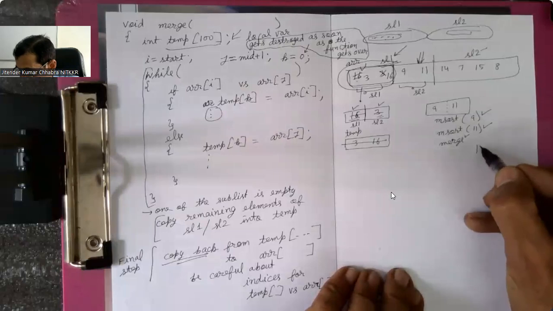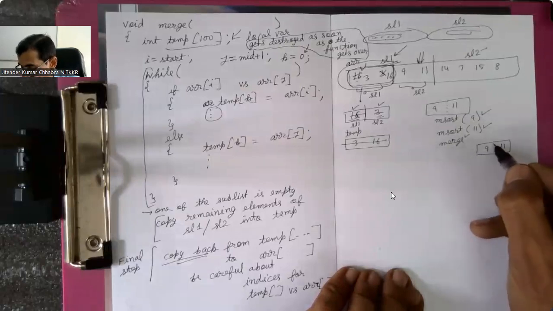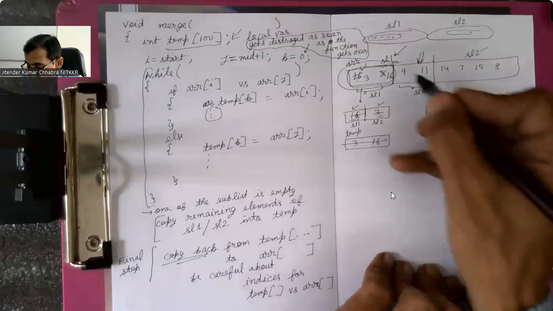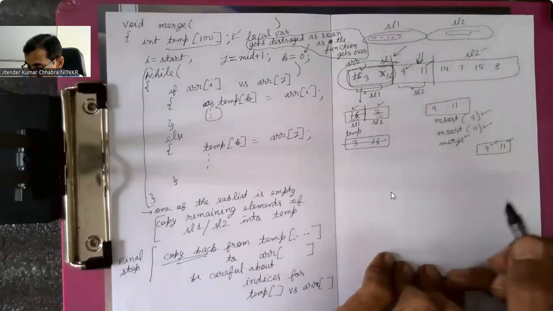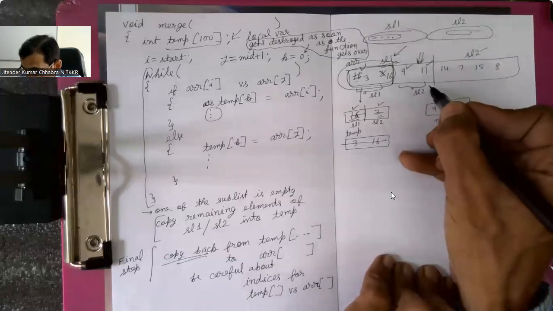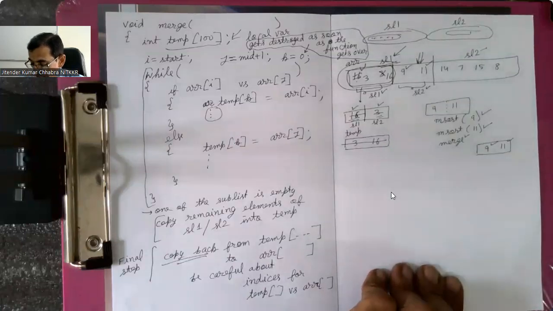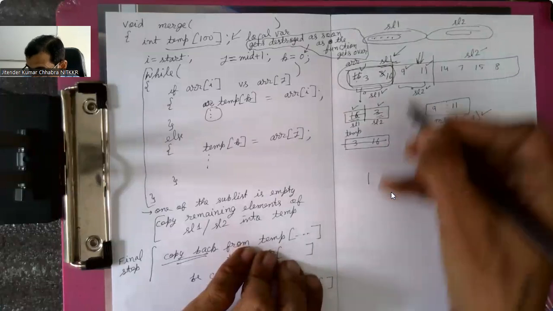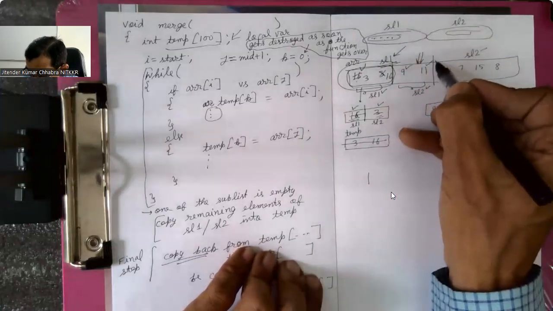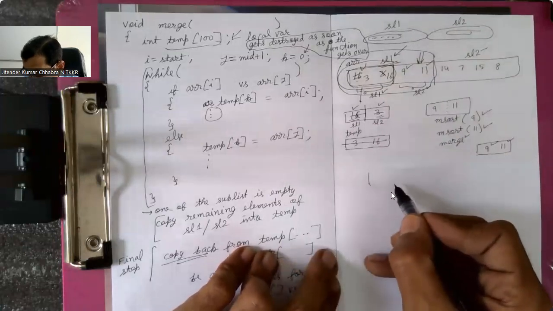So the merge logic will correct these values. Let's say they were in the correct order or not, doesn't matter. Now they will become 9 and 11, and this 9 and 11 will be directly copied back, and it will become sublist 2, which is merged together. Now sublist 2 is ready with merge sort. Sublist 1 is ready with merge sort. Effectively, now the previous recursive call with this sublist will restart.